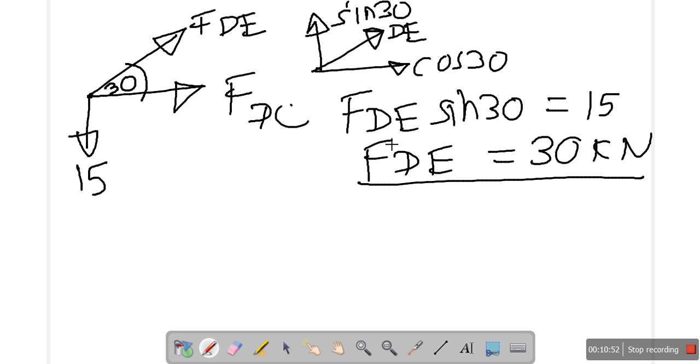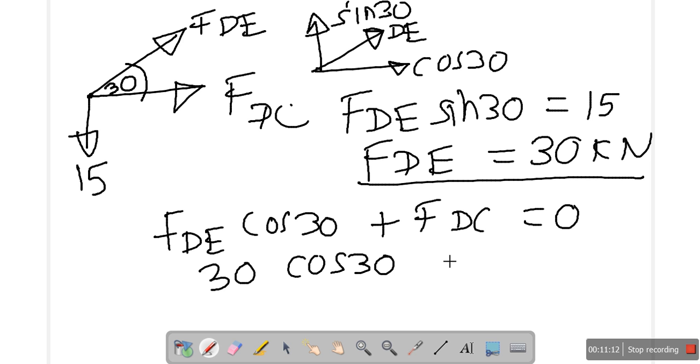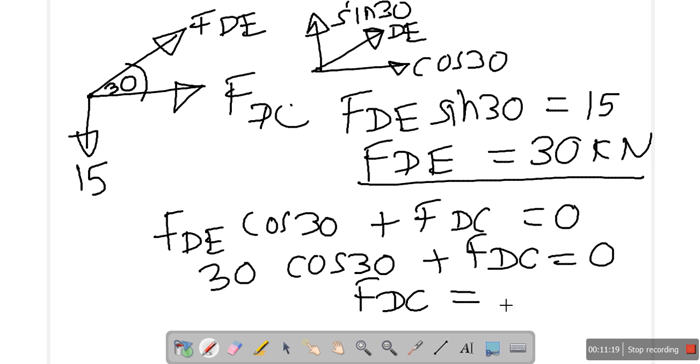Now let us do sigma Fx equal to 0. The cosine component and DC, both of them are to the right. So let me write here FDE cos 30 plus FDC equal to 0. If you put FDE as 30, 30 cos 30 plus FDC equal to 0, please do the math and you will get the value of FDC as minus 30 into cos 30.